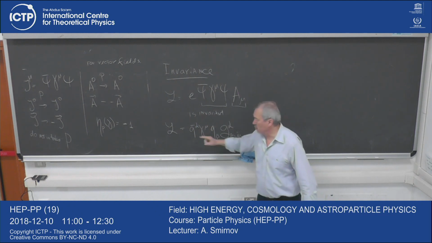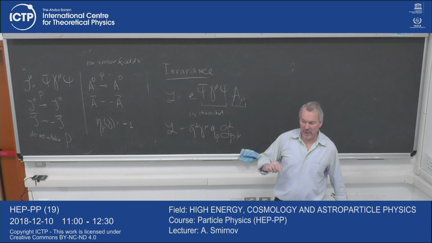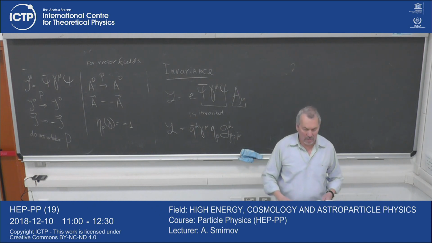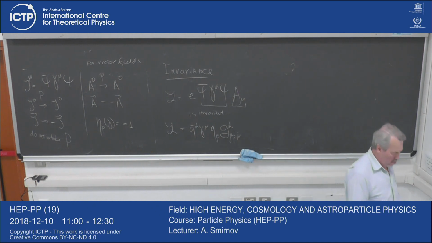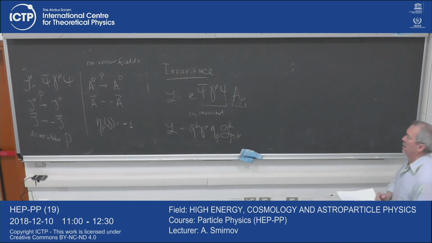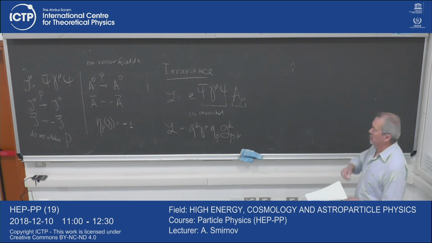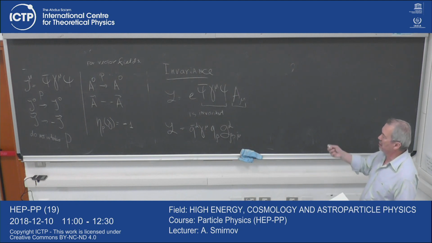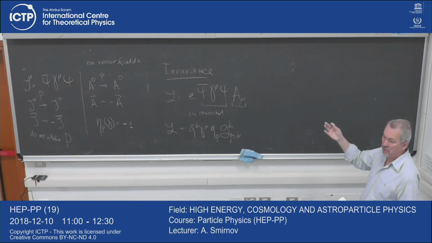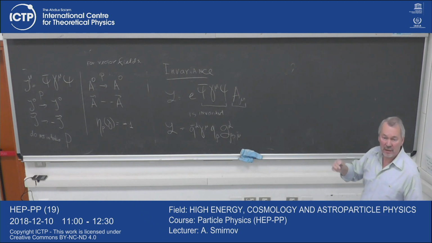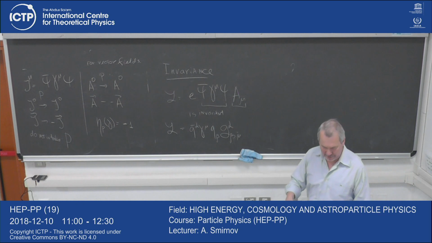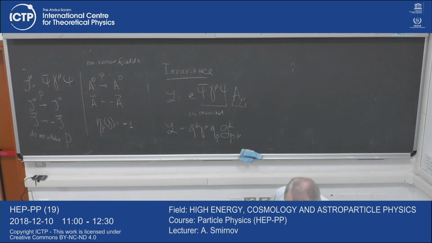Therefore this is also invariant under P transformations. Both electromagnetic interactions and QCD are invariant with respect to P transformation. In general, if the structure of your interactions is current times vector field, it is invariant with respect to P transformations.